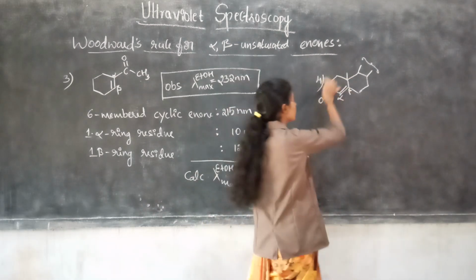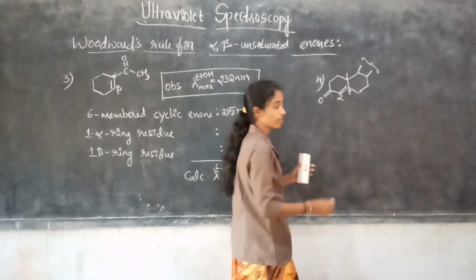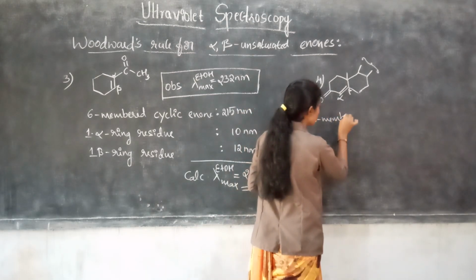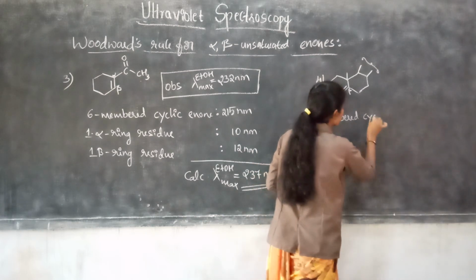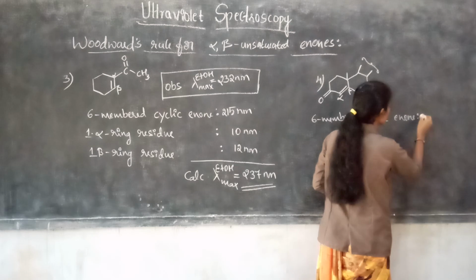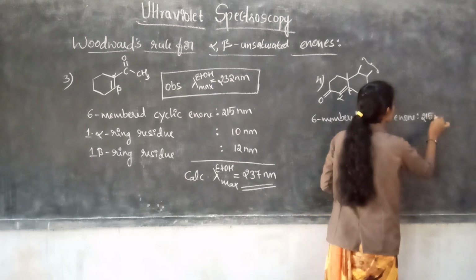Here a 6-membered cyclic enone system is the parent chromophore. So its base value is 215 nanometer.